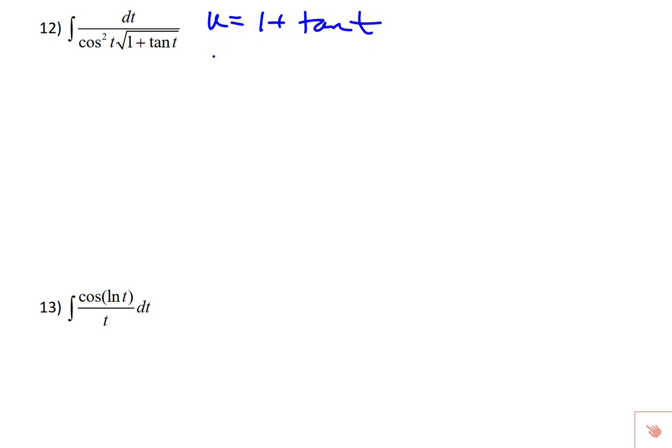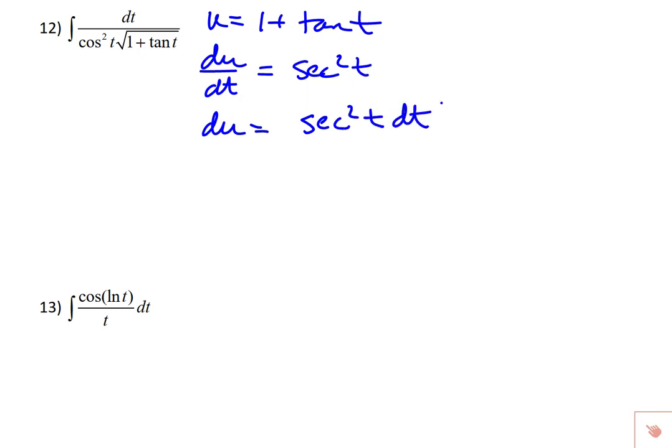Let's go ahead and take a step by taking the derivative and say du dt of our u equation here is going to be secant squared of t. If I multiply both sides by dt, I could rewrite this as follows. Du equals secant squared of t dt.